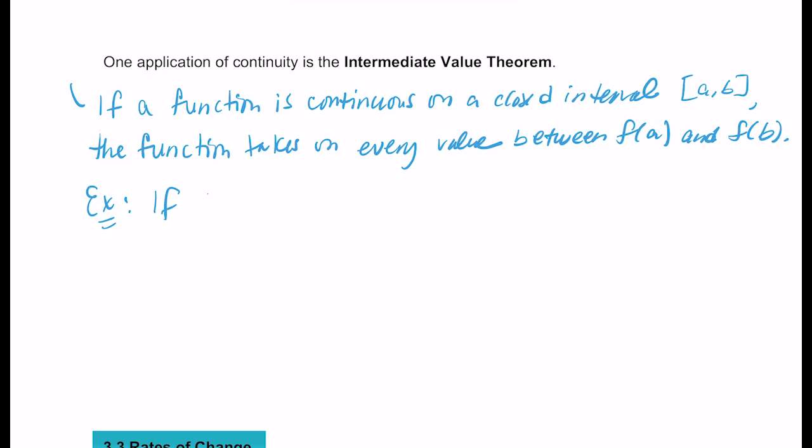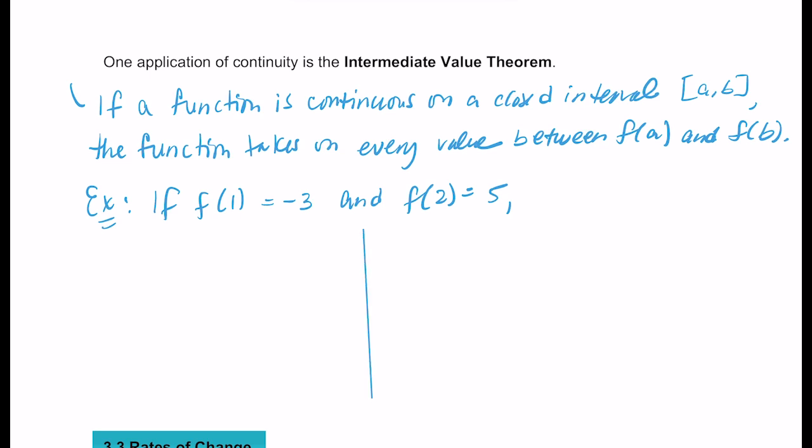Let's say f of 1 equals negative 3, and f of 2 equals 5. The intermediate value theorem tells us that that function must take on every value between negative 3 and 5 as x varies over the interval 1 to 2.